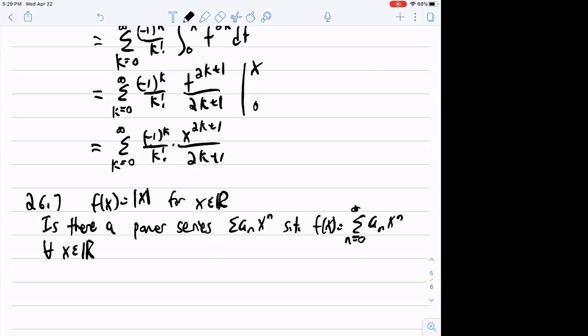So basically, can I write it as a series with radius of convergence infinity? Let's assume we can. So f of x is this. But since the radius of convergence is infinite, I could take the derivative and move it inside, right?